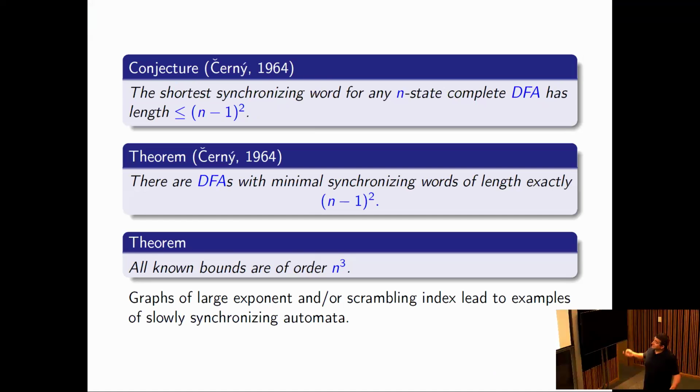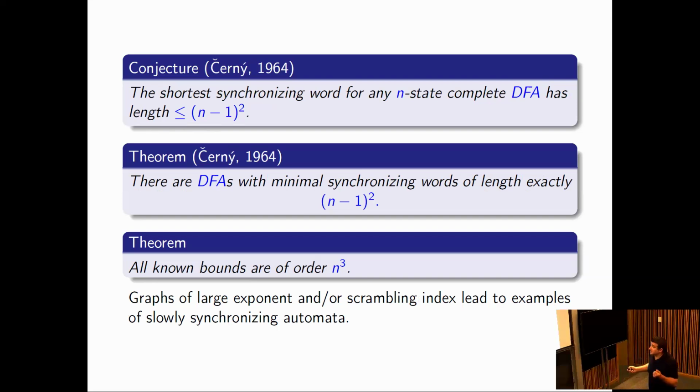And there is the well-known Černý conjecture about the minimal length of a synchronizing word of a finite automaton. So Černý suggested some nice machines, finite automata, with extremal, slowly synchronizing behavior. But he also suggested that they are indeed extremal.